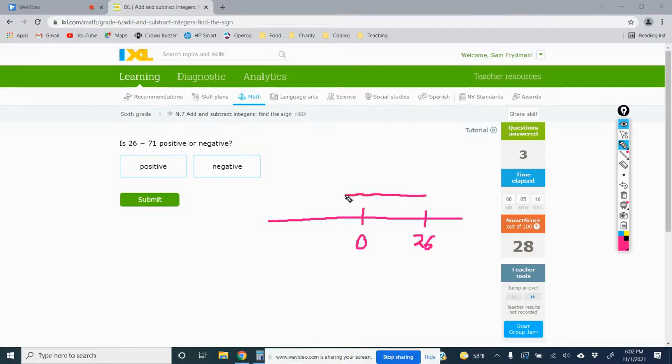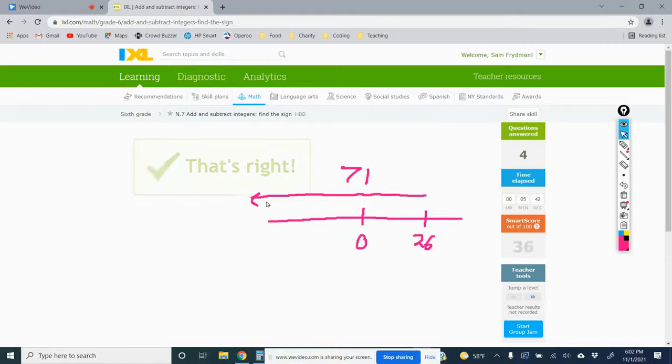If we go more than 26 spaces, like for example 71 spaces, which is a lot more than 26, then we would of course end up in negative territory somewhere. And even if you don't know exactly where you would end up, you can still reason that since you went further to the left than the distance that you started on the right, then you would end up in negative territory. So this would be negative right over here.